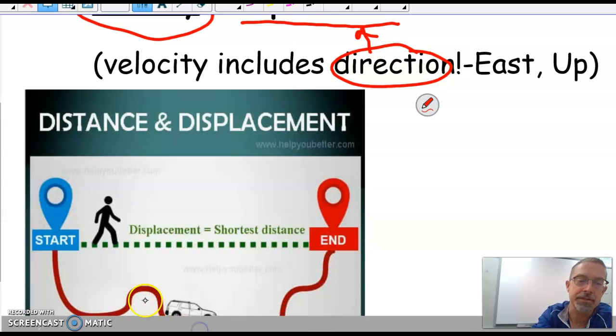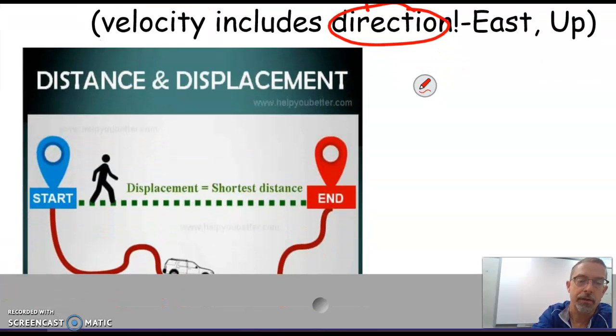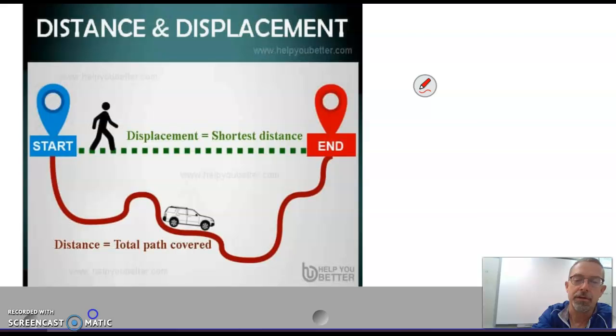If we were to look at this again, notice what would be greater here, my speed or my velocity in terms of magnitude. In this case, I traveled a greater distance than my displacement, so my speed here would be higher than my velocity, because speed is distance divided by time, and velocity is displacement divided by time.